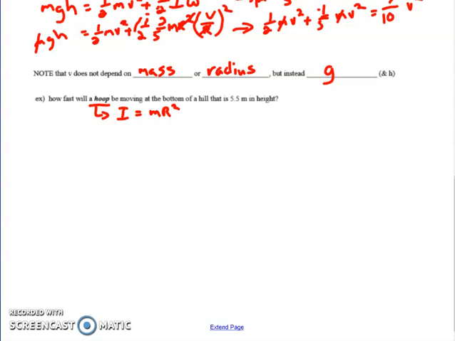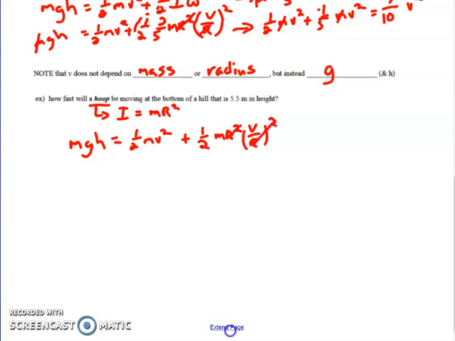So if we do the setup, we have mgh once again, and I'm not going to go through this all, equals 1/2 mv squared plus 1/2 I, where I is mr squared, times v over r squared. That's our omega squared part.